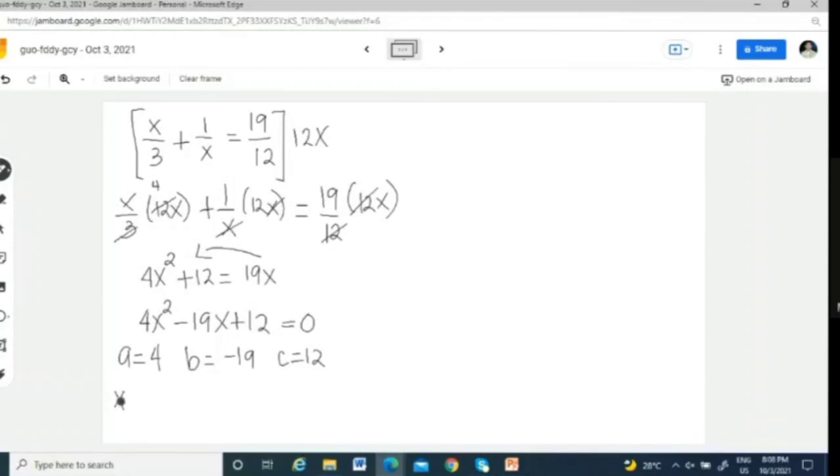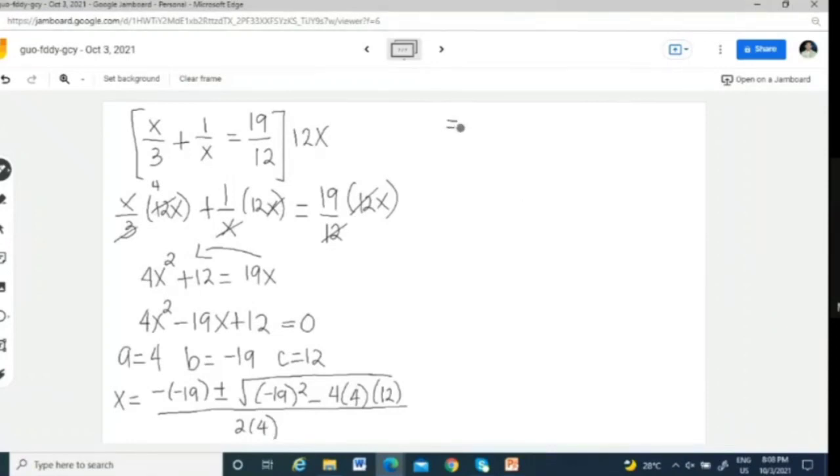So we have x is equal to negative b, so negative times negative 19, plus and minus the square root of negative 19 squared minus 4 times a times c, which is 12, all over 2a. So we will have 2 times 4.